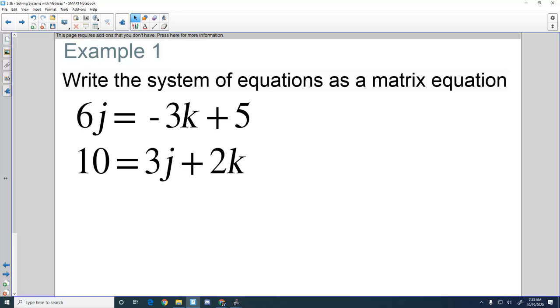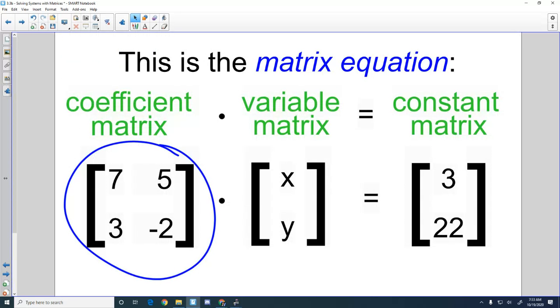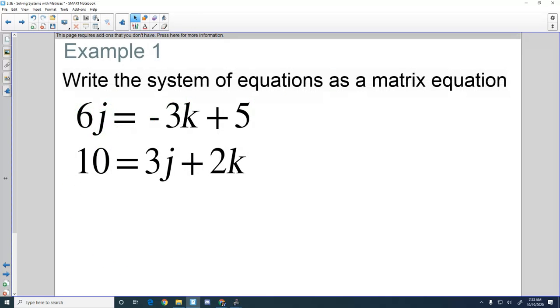All right, so when I say matrix equation, this is what I'm talking about, one of these, okay? So this is what I want your final answer to look like, that matrix equation that you just wrote down with the three matrices.